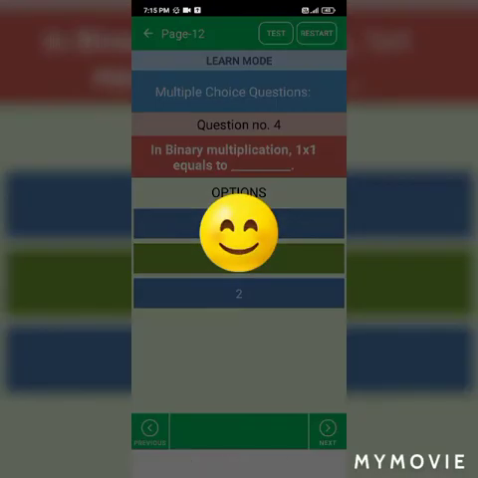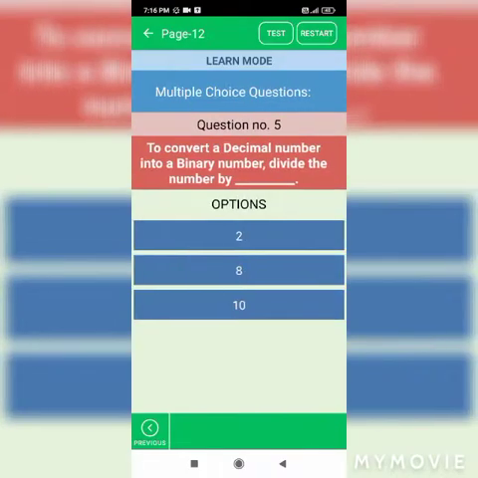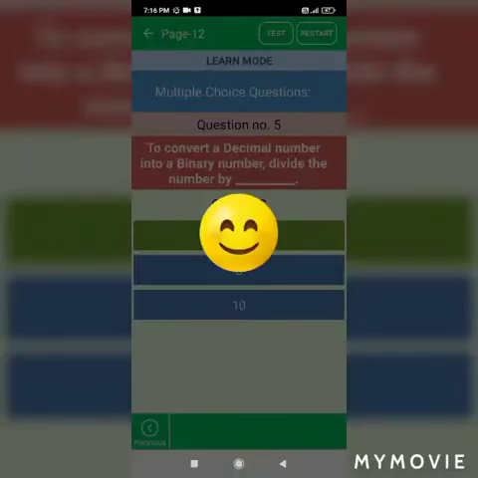The answer is 1. Next we have, to convert a decimal number into a binary number, divide the number by, yes, you all are correct. The answer is 2. Right answer.